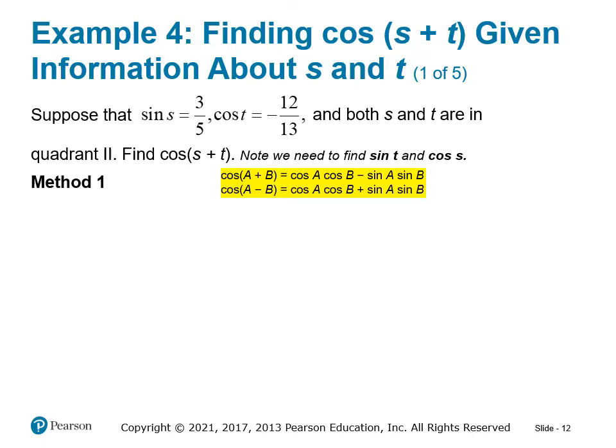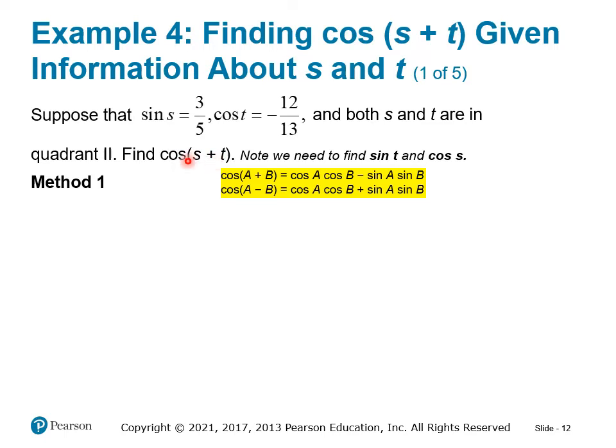The first method is the graphing method, kind of how we started out in trigonometry with sine and cosine, doing x or y over r, or opposite over adjacent. Notice here we are given the sine of s, which is 3/5, and the cosine of t, which is -12/13.